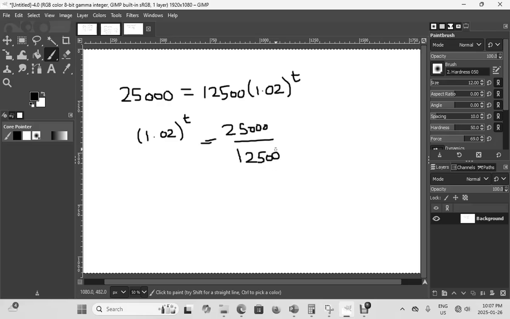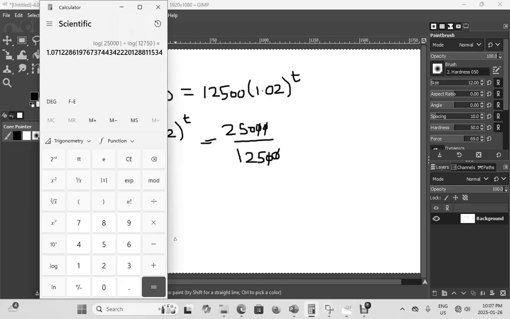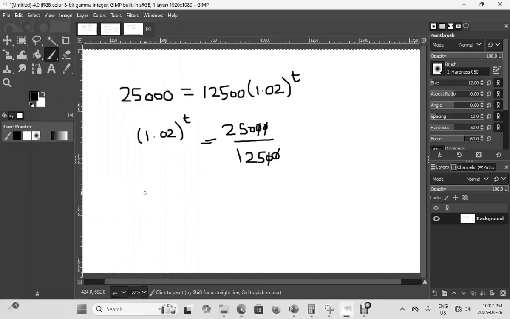This will be 250 divided by 125, which is 2. So 1.02 raised to t equals 2.